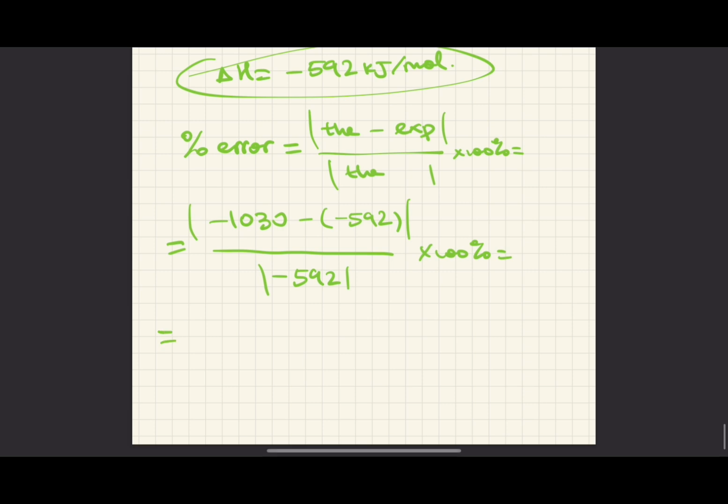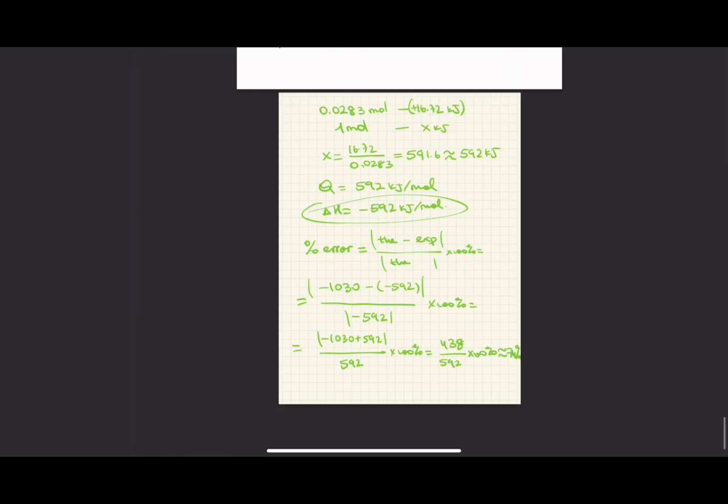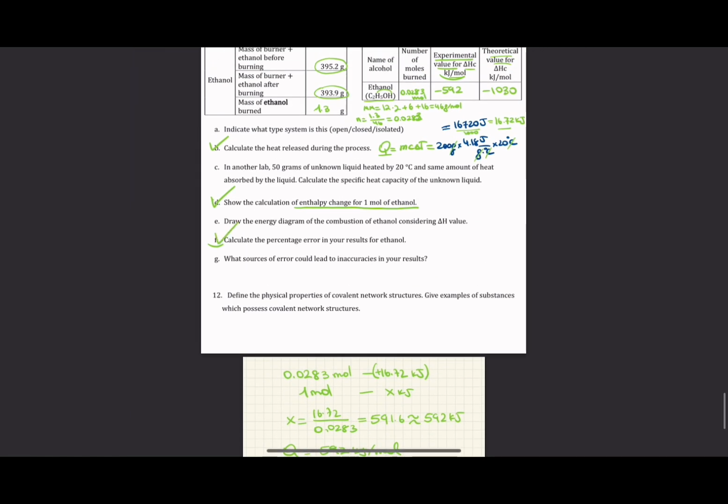Now here we have negative 1030 plus 592 in the modulus, divided by a positive 592, times 100. If you do this, 538 divided by 592 multiplied by 100%, it is approximately 74%. Okay, now that is the F we did.